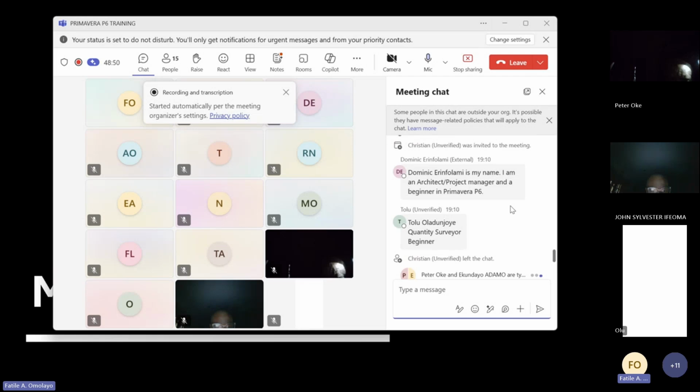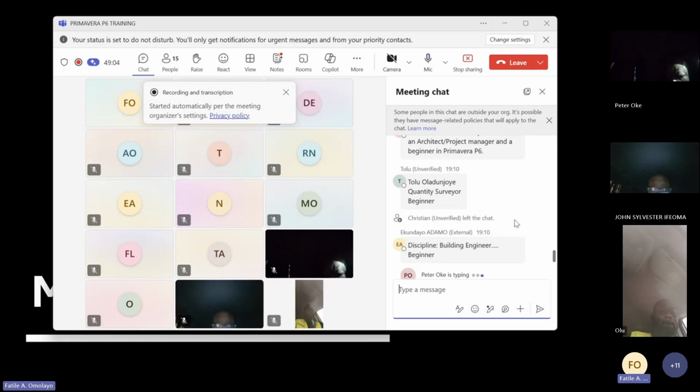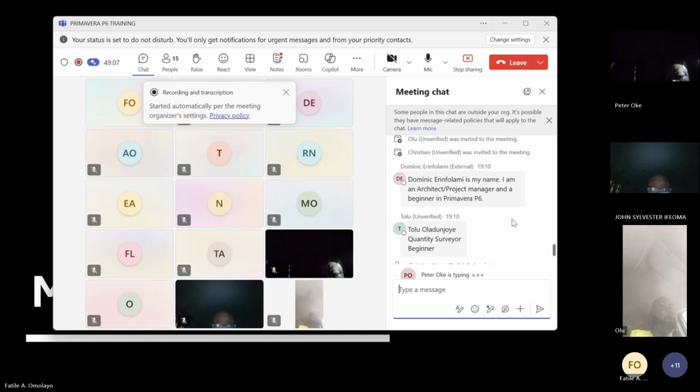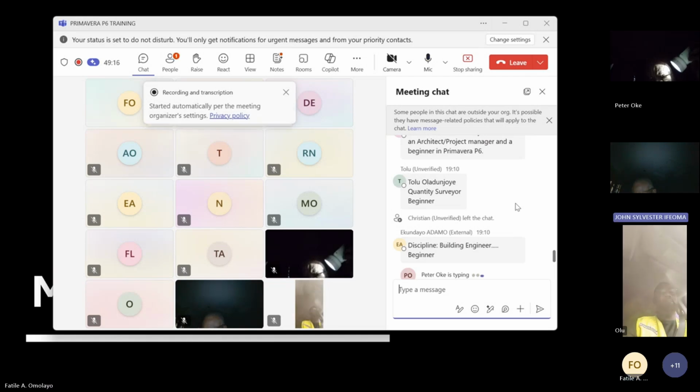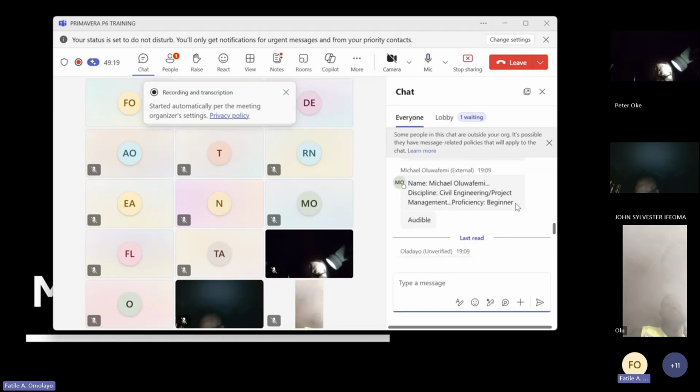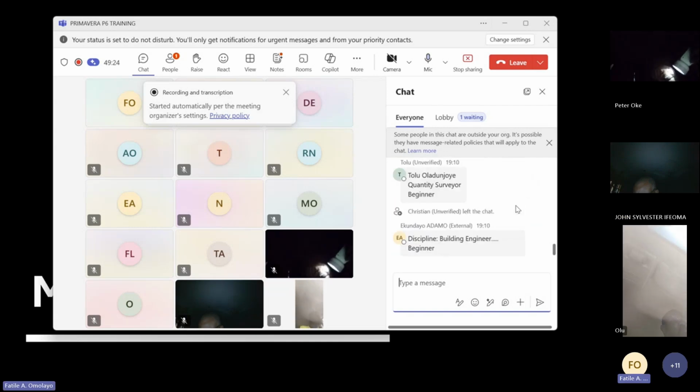Dominic Erin Folami is an architect, project manager, beginner. Tolu Oladunjoye, beginner. Okay, others are typing in theirs. Builder, beginner. Christian, okay. So I've not seen anybody with any knowledge here.